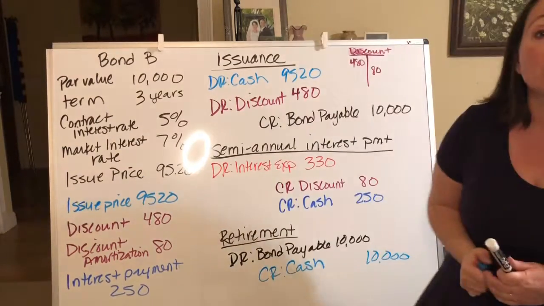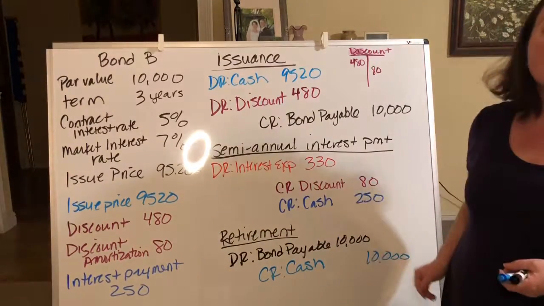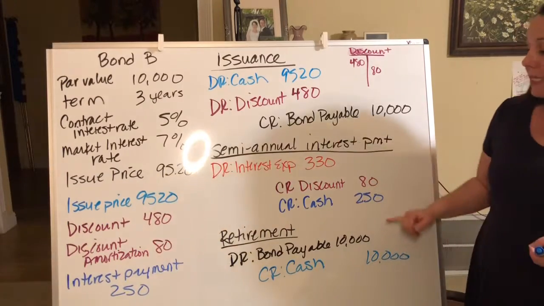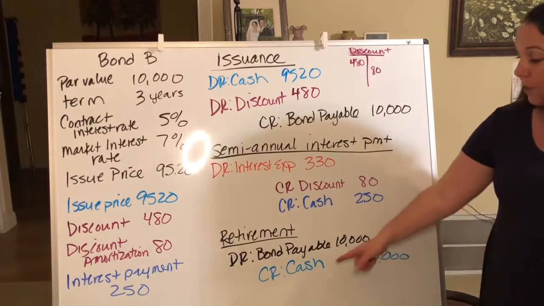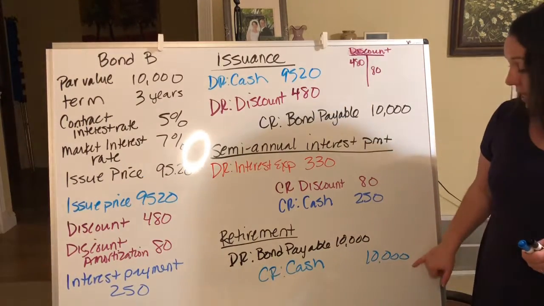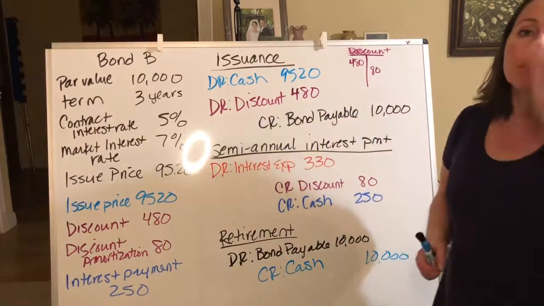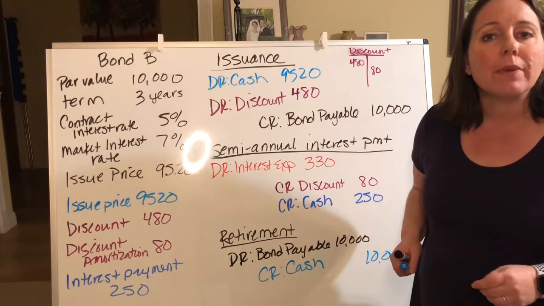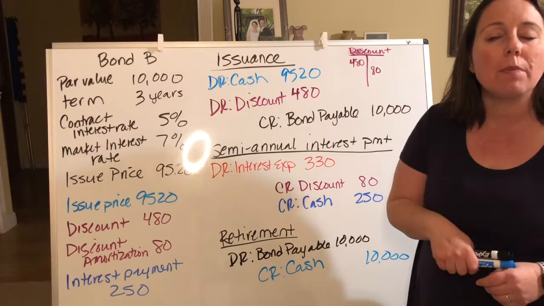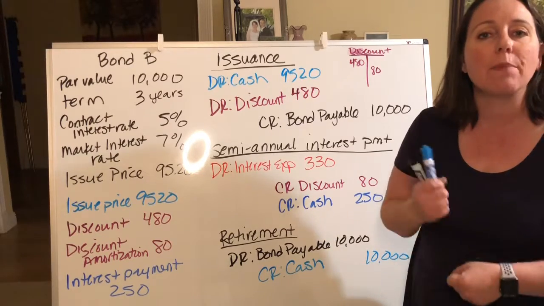We're going to credit cash for that same amount because we're actually paying off the bond. So at retirement, we debit bond payable for par value, $10,000 in this case, and we credit cash for par value, $10,000 in this case. That would be a great note to have. At retirement, we always debit bond payable and credit cash, always at par value.